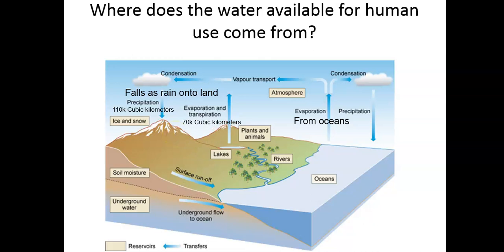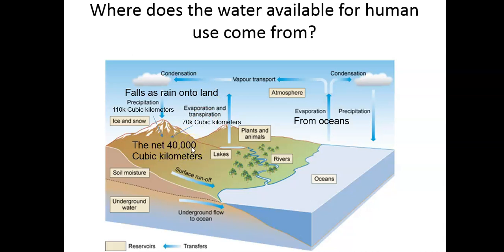But a lot of that evaporates, right? Goes back or flows back as groundwater, evaporates back into the atmosphere, right? So the net amount of water that is transferred from the oceans that isn't then also evaporated back into the atmosphere is effectively 40,000 cubic kilometers of water.